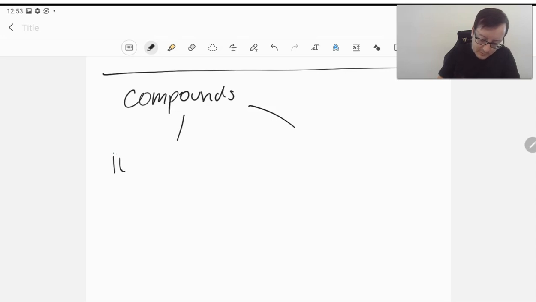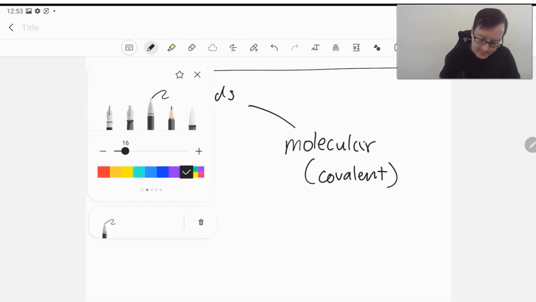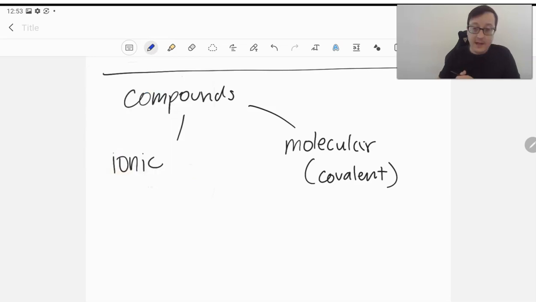So those first two, the easy ones, are called ionic compounds and molecular compounds. Sometimes you'll see molecular as what are called covalent compounds. The difference is that ionic ones are made of ions.